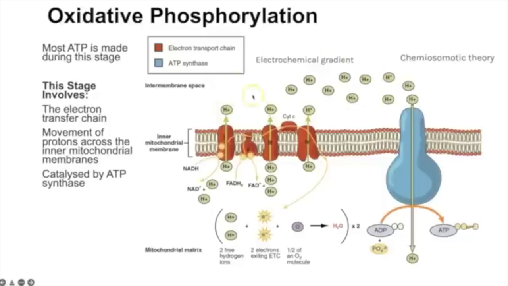That creates this electrochemical gradient, and therefore the protons can move by facilitated diffusion down their concentration gradient through ATP synthase. And the ATP synthase will then phosphorylate ADP to create ATP. So that is how we create lots of ATP in this stage, and you actually create 34 ATP molecules.